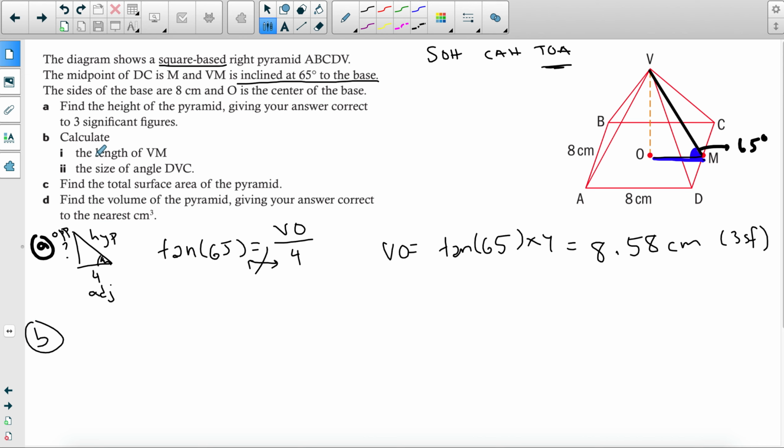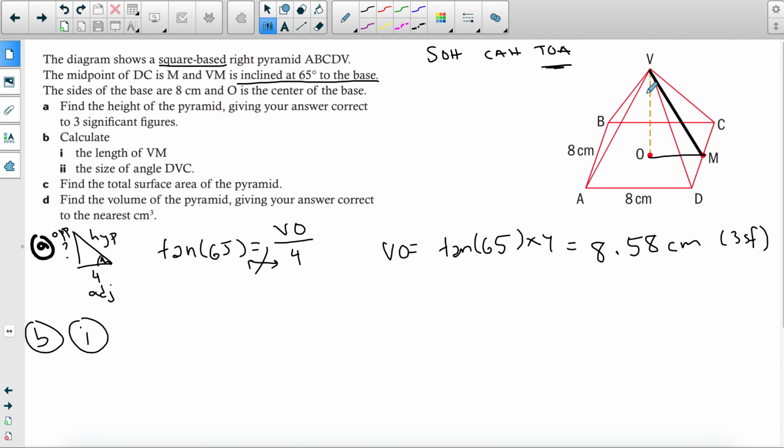For part B, calculate the length of VM. VM in this case is the inclined height, not the vertical height. And again, we'll be using the triangle VMO. We won't be using VO, the vertical height. We could use VO and this 4 and then use Pythagoras.